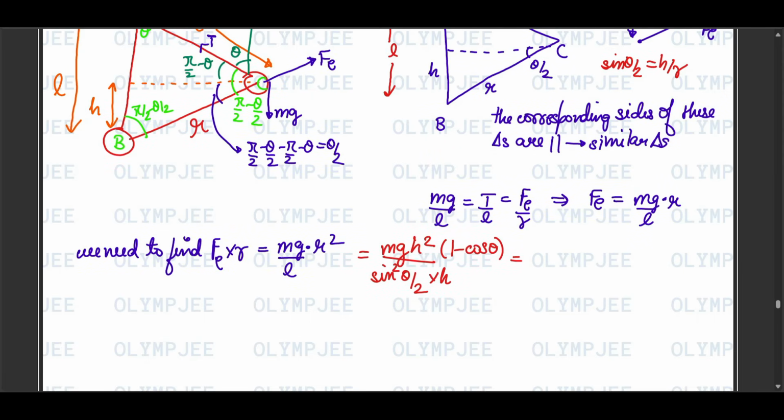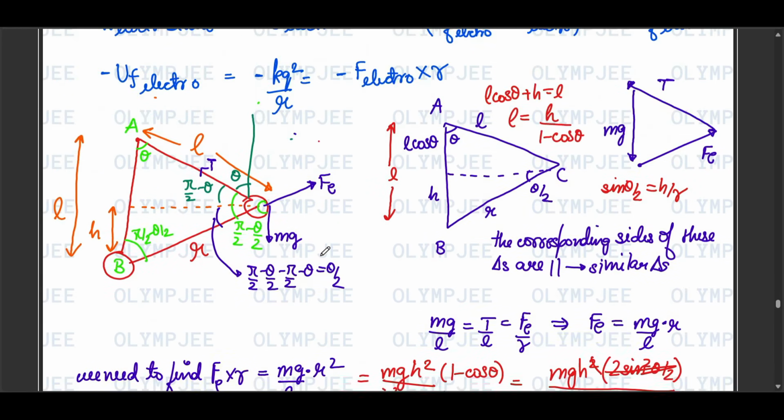This will give us mg H square. 1 minus cos theta can be written as 2 sine square theta by 2. So H and H will get cancelled. Sine square theta by 2 will get cancelled. So this will give 2 mgh.